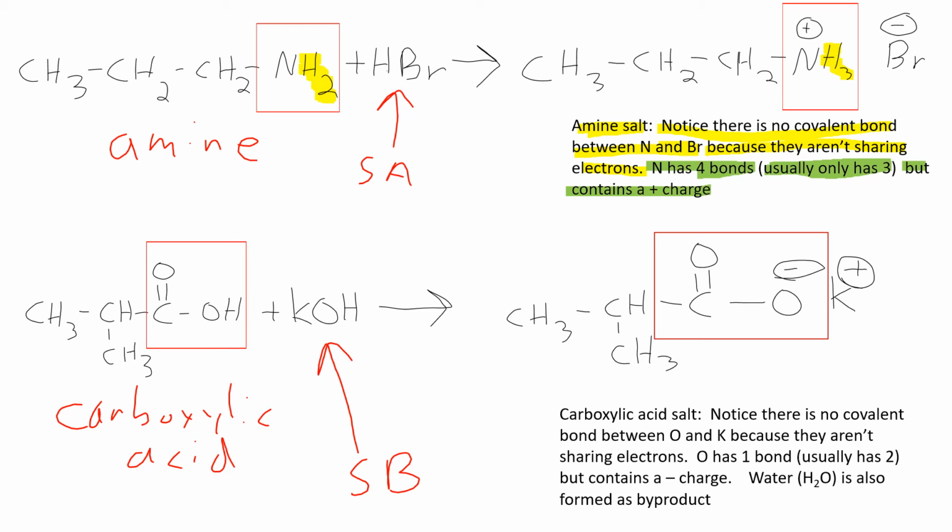This is going to undergo that acid-base neutralization reaction. What's going to happen? The acid is going to give up the H+, and the base is going to grab the H+, just like any other acid or base. There's nothing special happening here. It's just that these are organic acids or organic bases. So let's look at what happens.